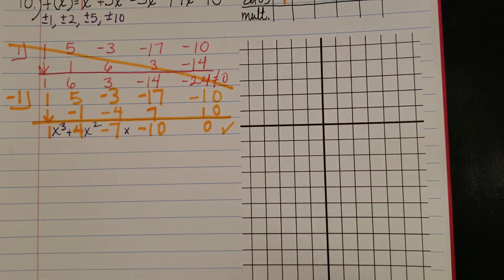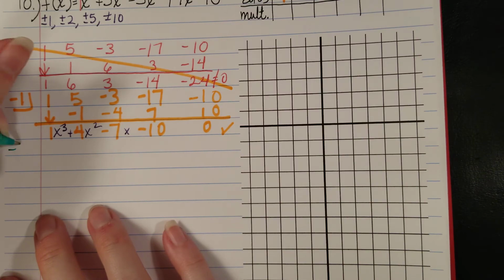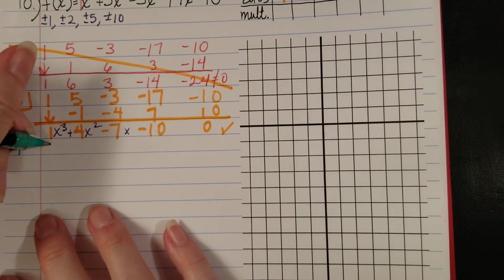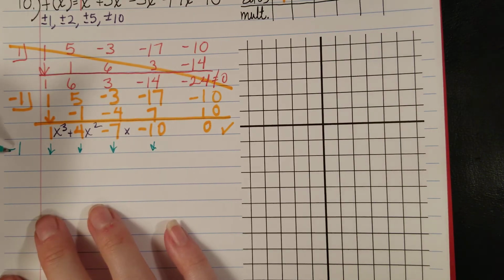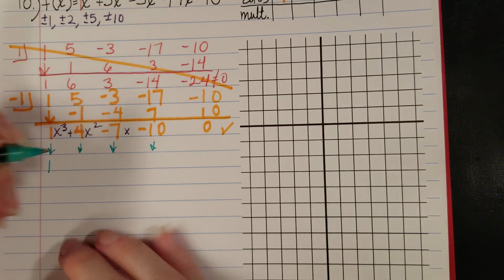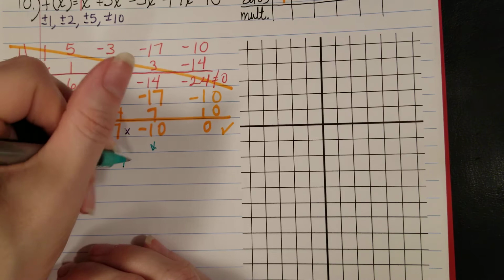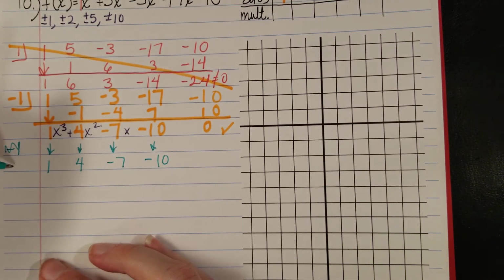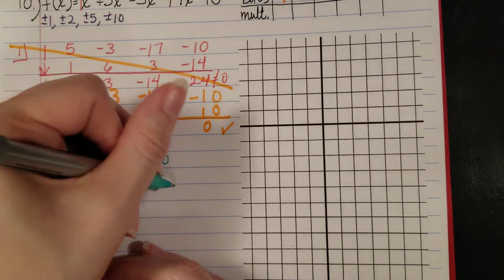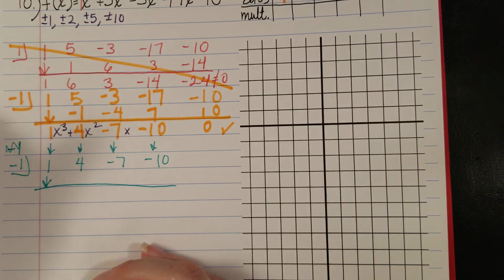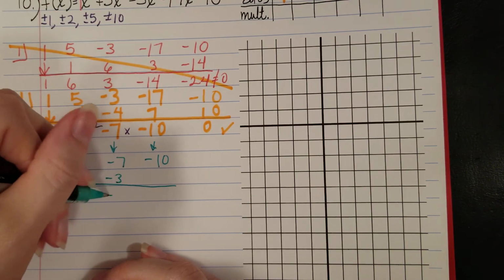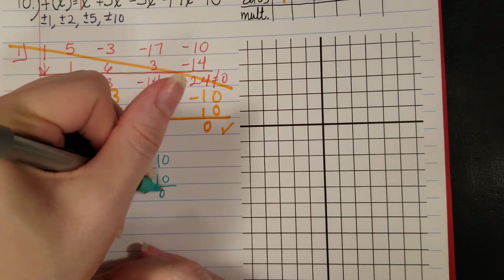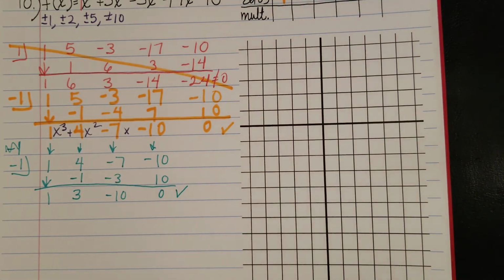Okay, so negative 1 is going to go back in the box, but I'm going to bring down these coefficients here. One, negative 1, 3, negative 3, negative 10, positive 10, and 0. And it did work again.